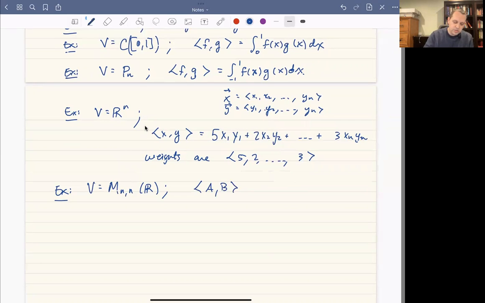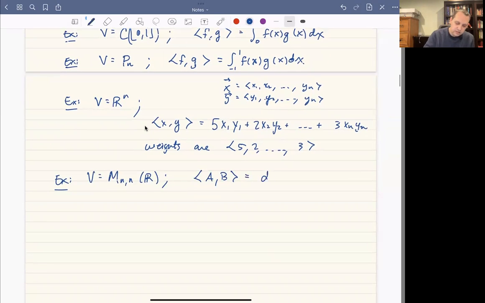And what you could do is say that the inner product is going to be the trace of B transpose times A. And if you actually write this out and compute B transpose times A when you take the trace of it, it turns out that if A is this matrix A11, A12, A1n, like usual, A21, A22, all the way up to Ann.